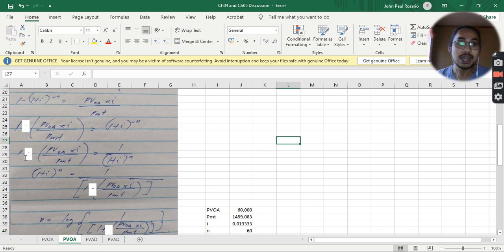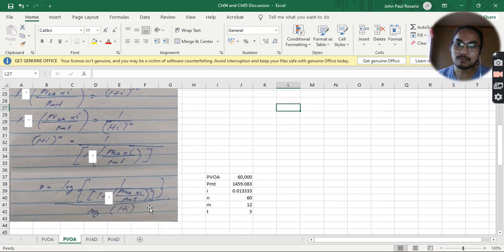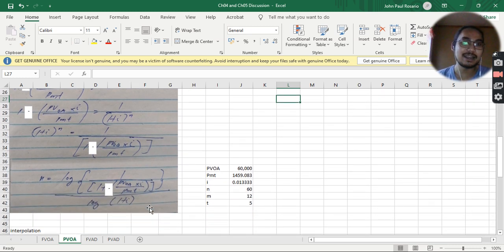So we will now have 1 plus I raised to the power of n is equal to 1 over 1 less PVOA times I over payment. Since n now has a positive exponent, we can solve using logarithm.